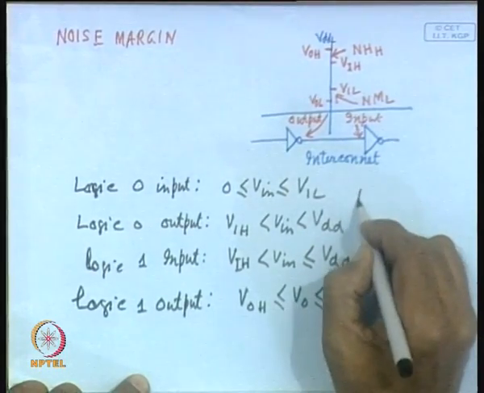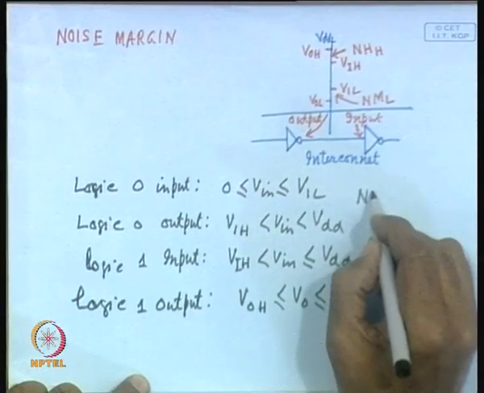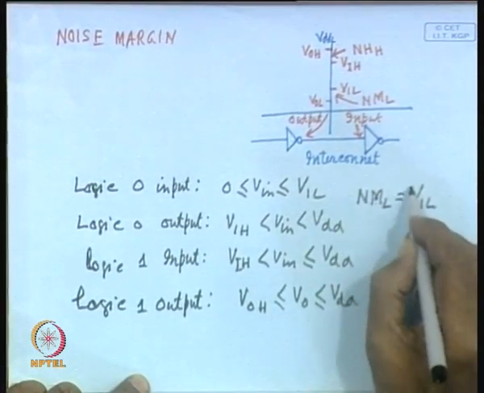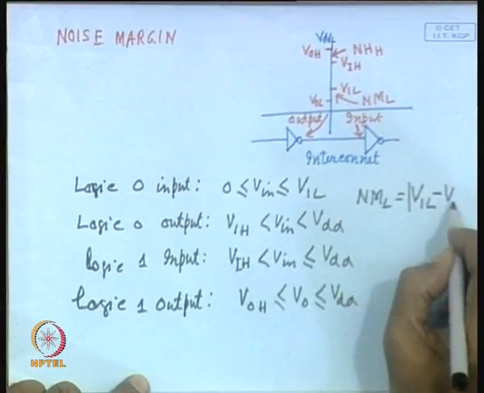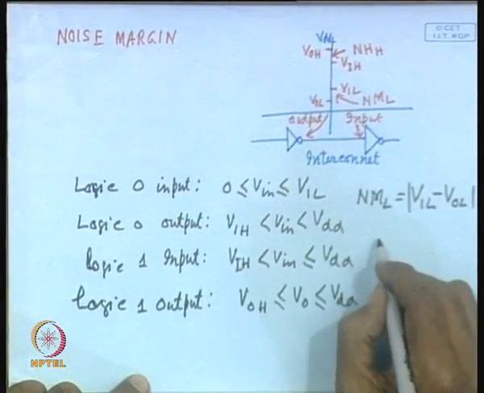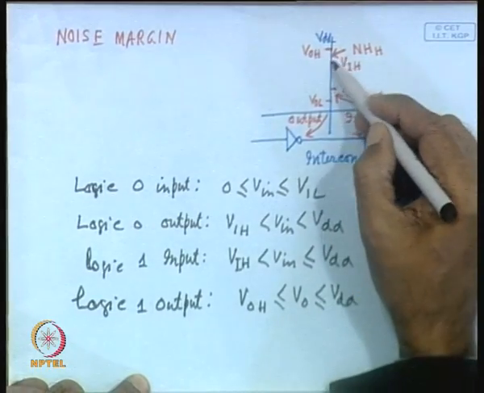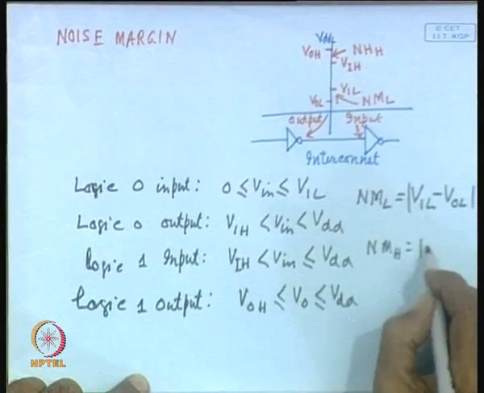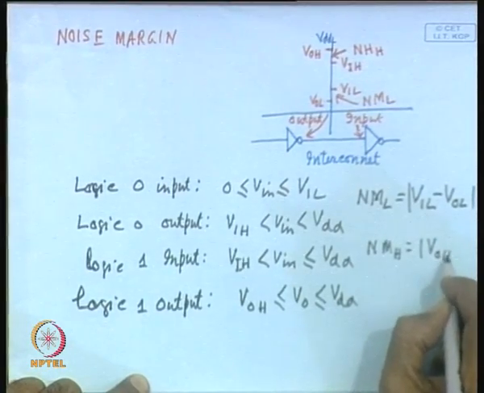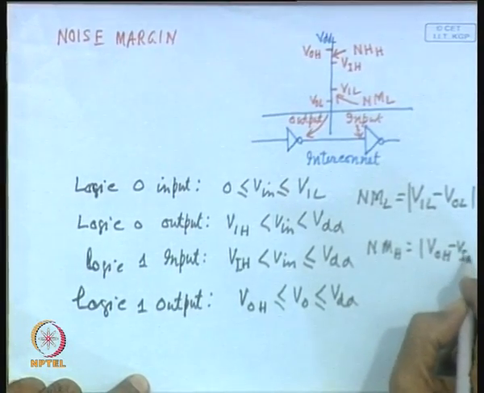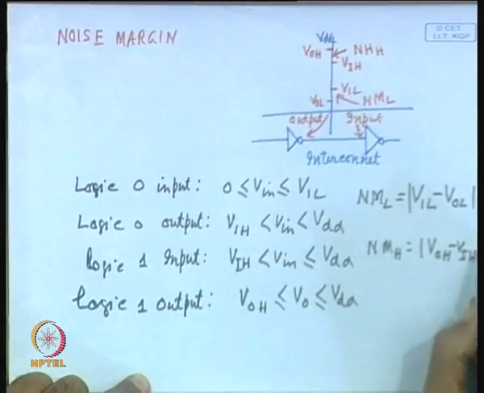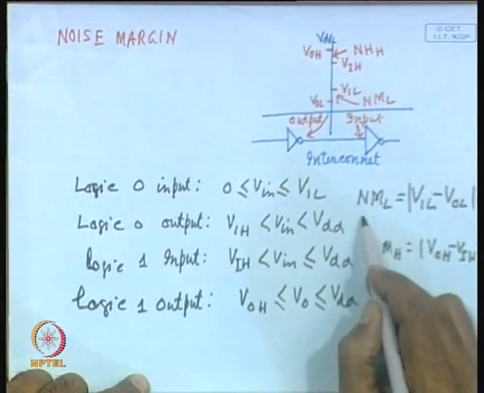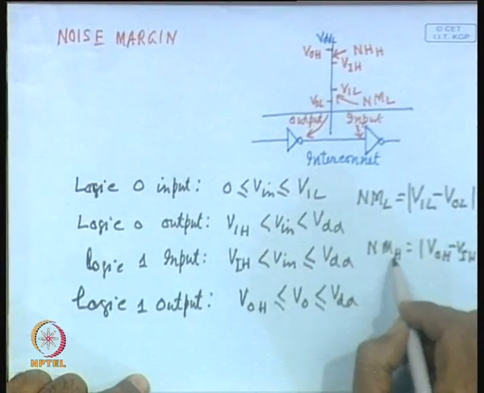Now, what is your NML, noise margin low? That is equal to VIL minus VOL. Similarly, NMH is equal to VOH minus VIH. So, this is how we can define the noise margin level low and noise margin level high.